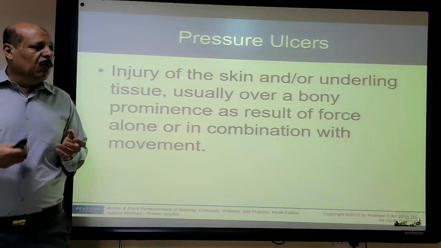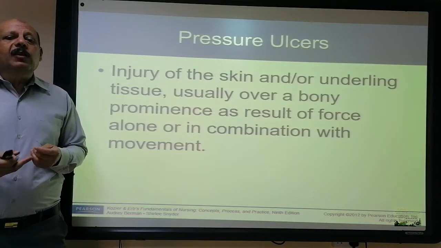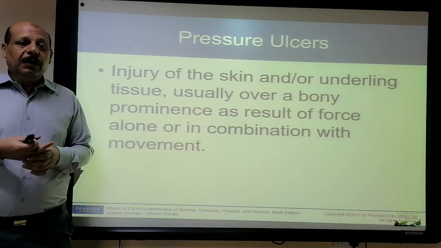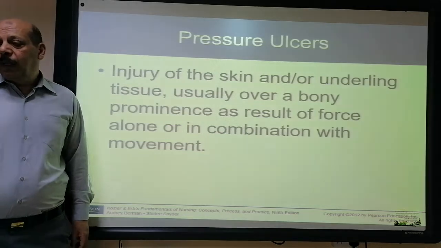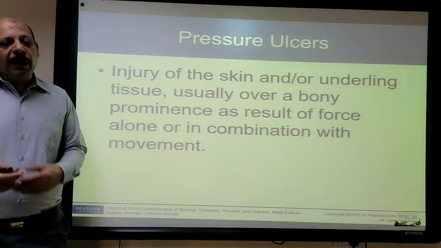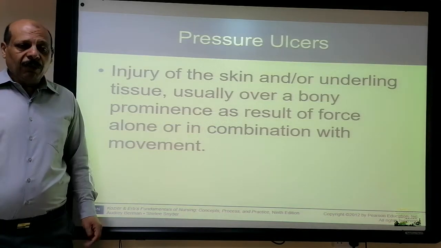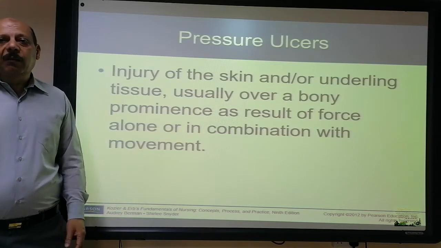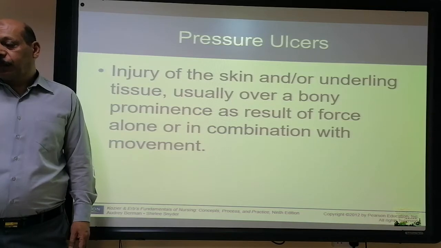When we are moving the client, there might be what we call shearing force, which interferes with the tissues, and the client will be more prone to injury of the skin and the underlying tissues, which might change into a decubitus ulcer.